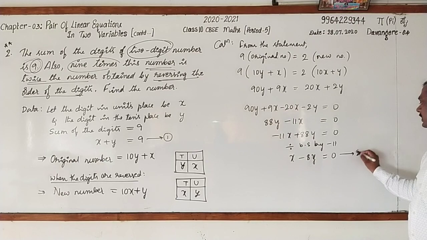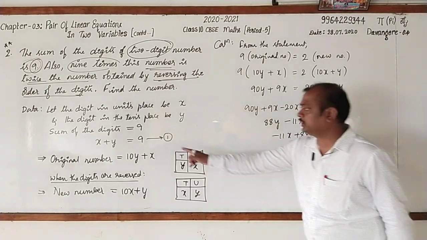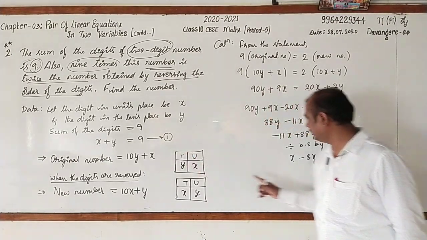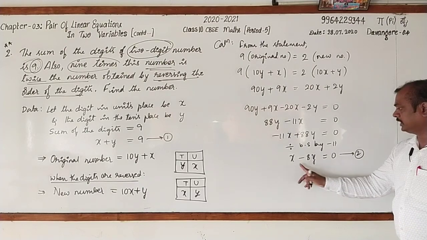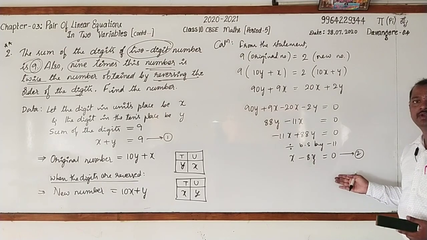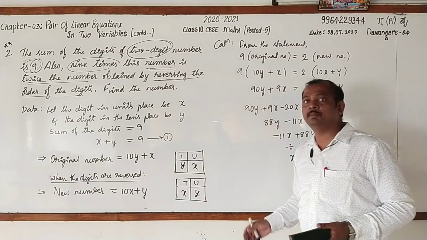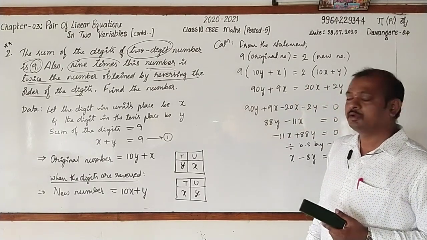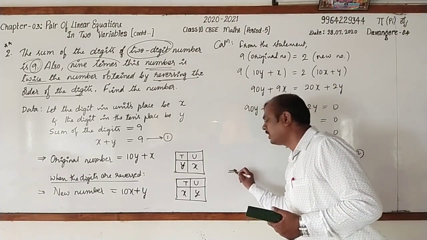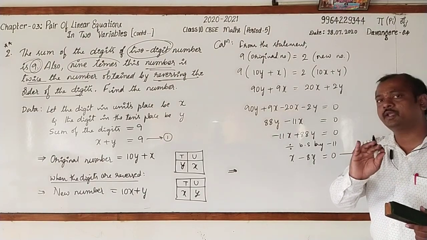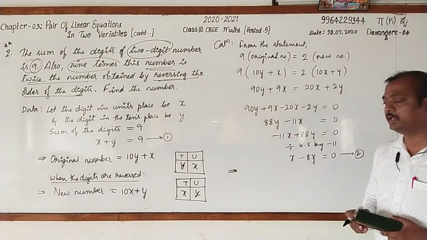Call it equation 2. See, equation 1 is x plus y equal to 9. Equation 2 is x minus 8y equal to 0. You can solve them by any of the 3 methods: elimination, substitution, or cross multiplication. I'll go for the very simple method, that is elimination.